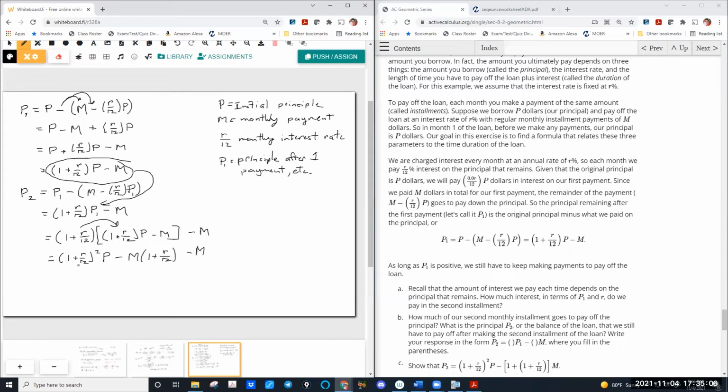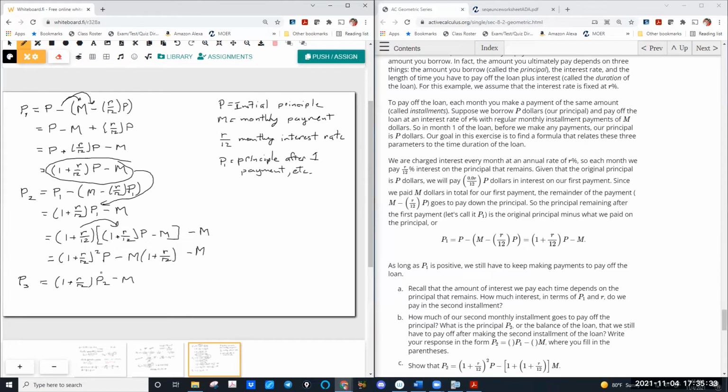All right. Now, this pattern is going to continue. So what happens when you do P3? Without doing all the algebra, it's going to be the same thing. P3 equals 1 plus r over 12 times P2 minus m.